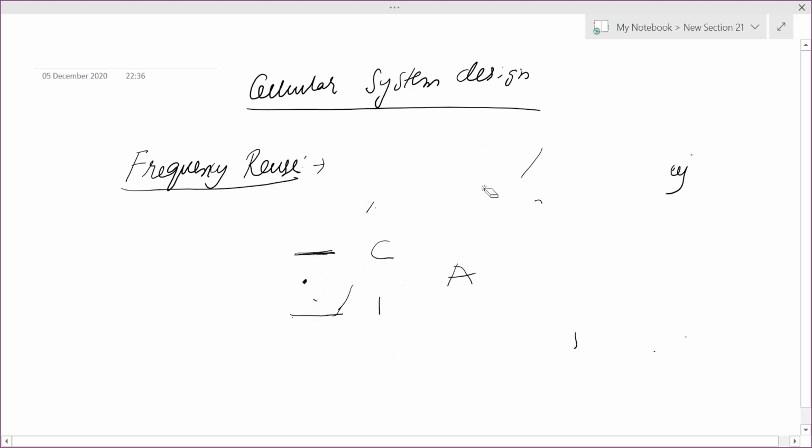So we can increase the reuse, we can say, pattern.